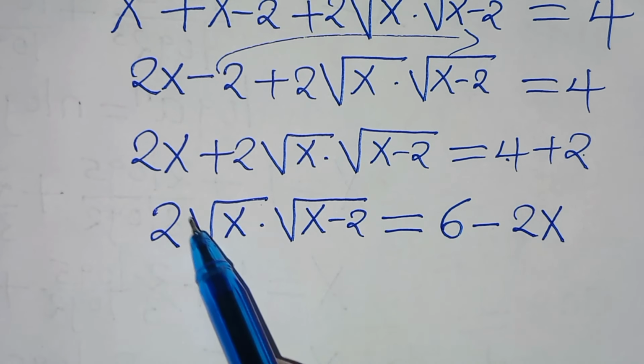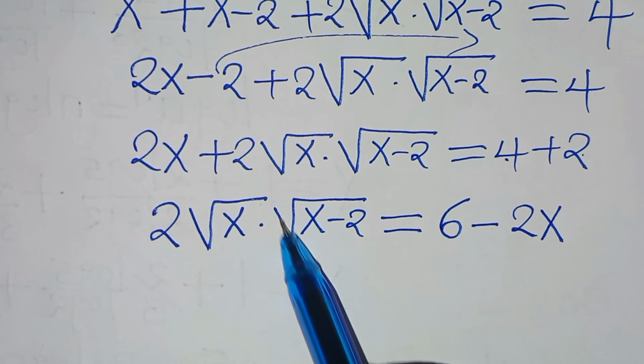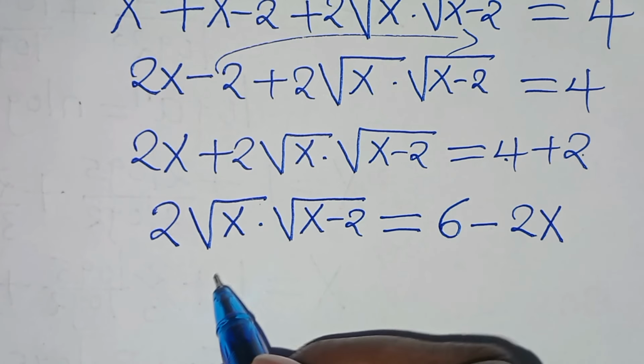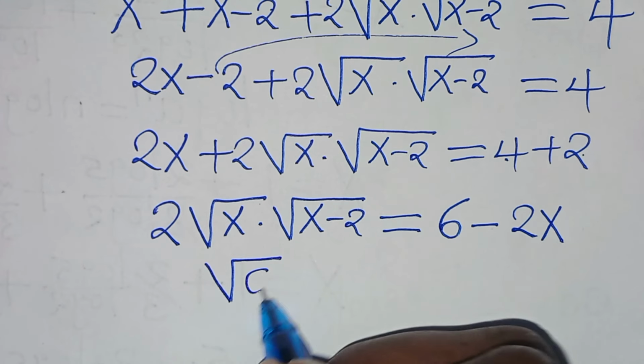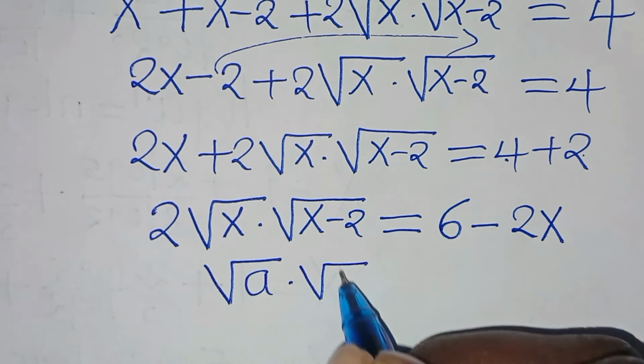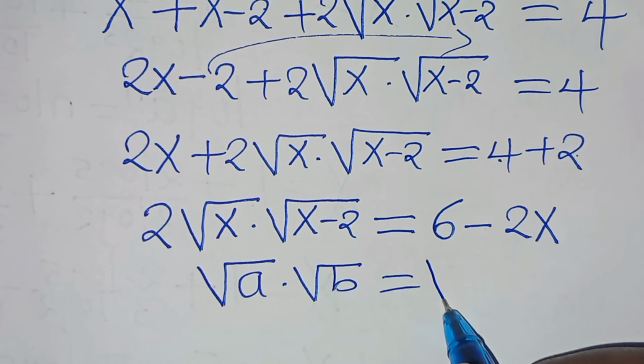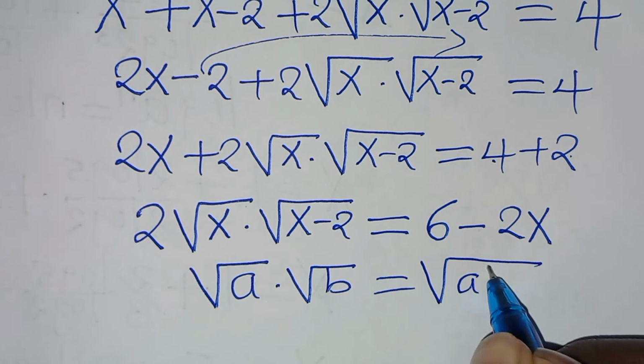The next step is that the square root of x times the square root of x minus 2 is in the form of the square root of a times the square root of b, which we can express as the square root of a times b.